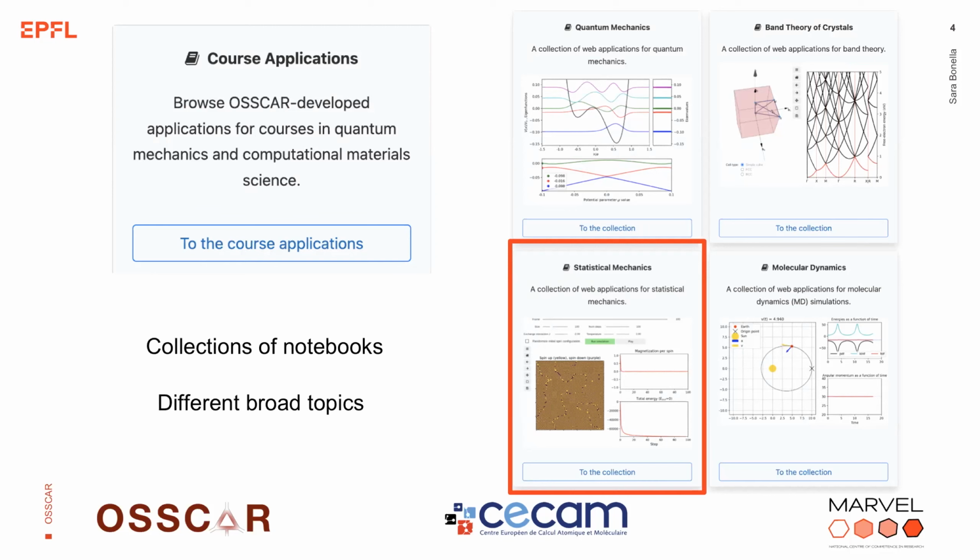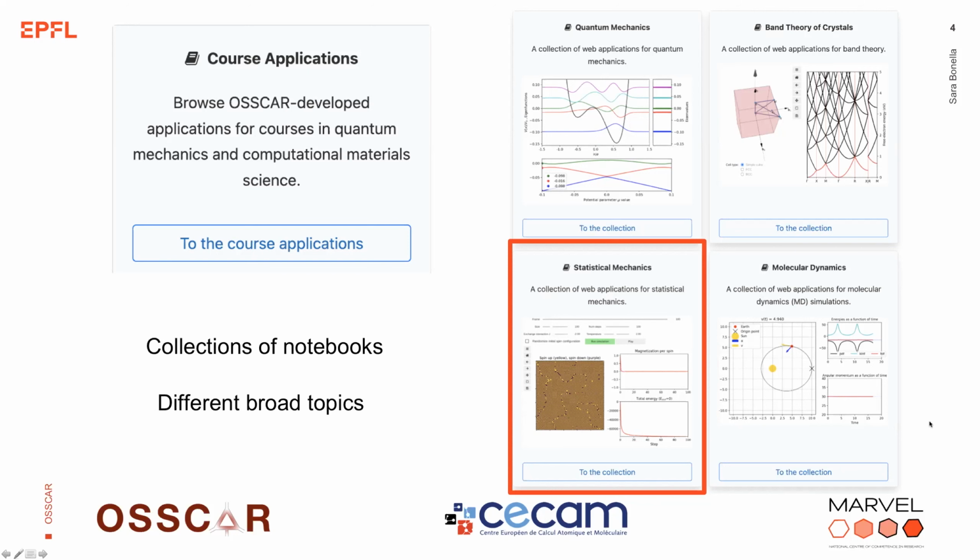This is achieved by creating a collection of notebooks organized in different broad topics. At the moment, we have a rather limited set of topics: quantum mechanics, something quite specific on the band theory of crystals, statistical mechanics, and molecular dynamics. You can navigate among these collections simply by clicking on the appropriate box.